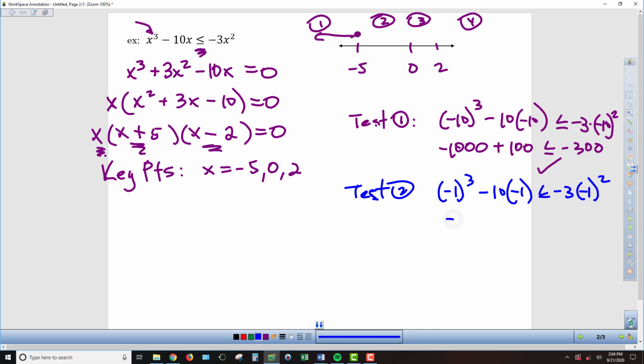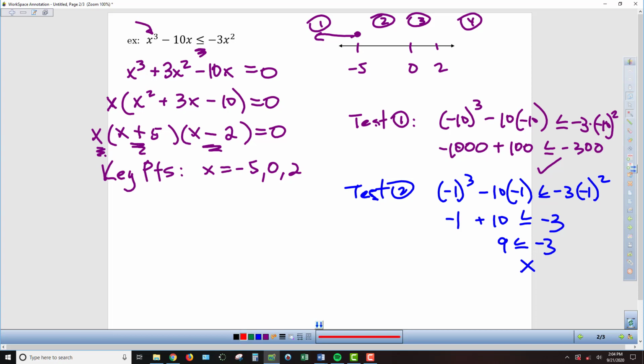So negative 1 cubed is negative 1, and then negative 10 times negative 1 is plus 10. On this side, negative 1 squared is 1, times negative 3 is negative 3. So here I'm getting 9 is less than or equal to negative 3. That is decidedly false. So I'm not going to graph anything in between negative 5 and 0.